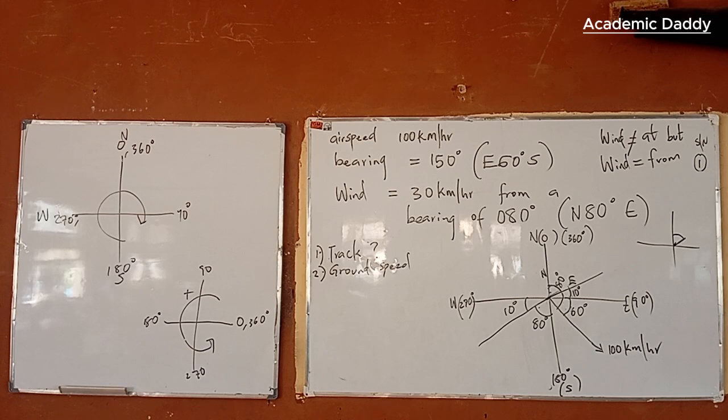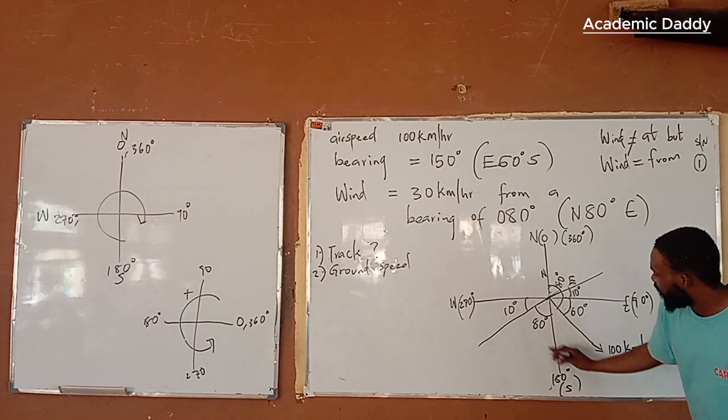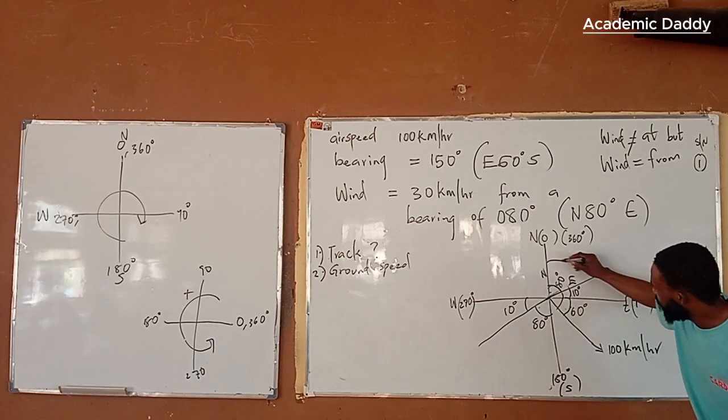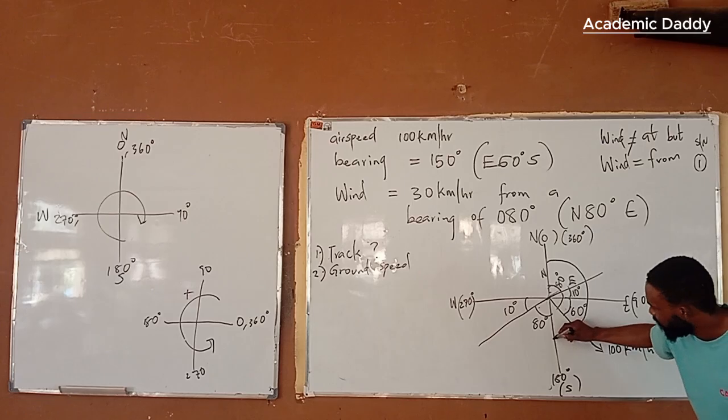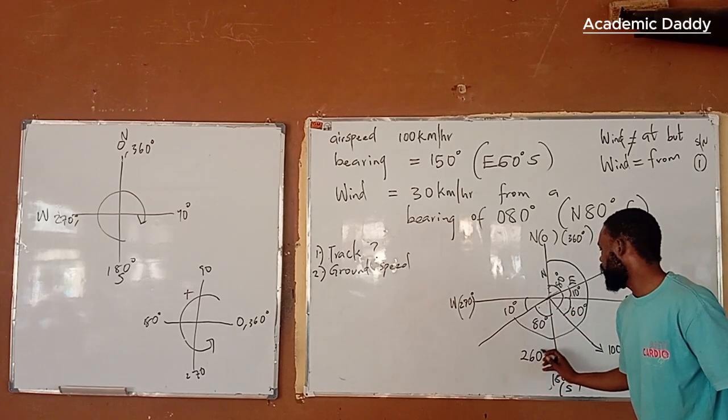Are you understanding this now? Very important. With that said, you see that it is not the same thing as saying if I come and add 180 plus 80, everything from this way to this way gives me 260 degrees.